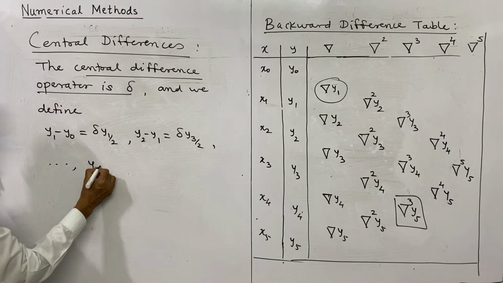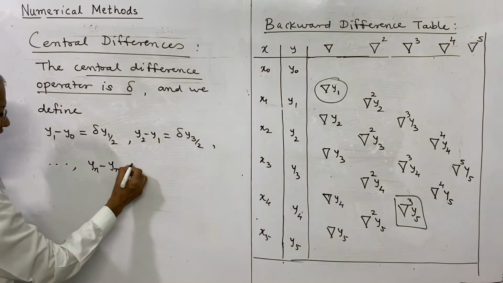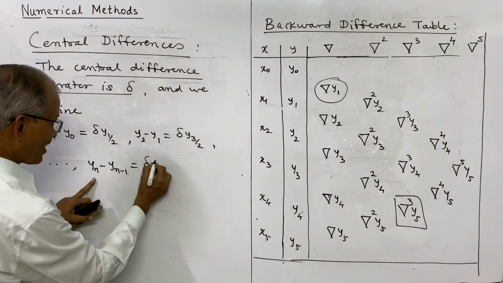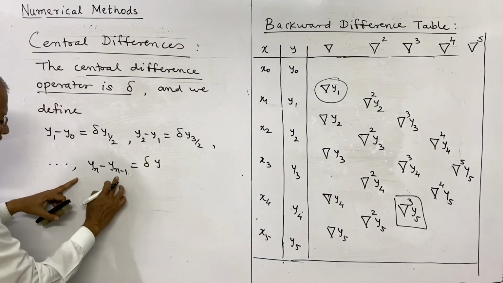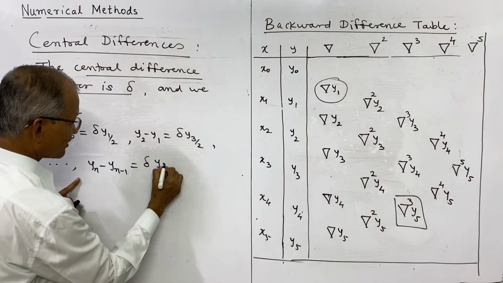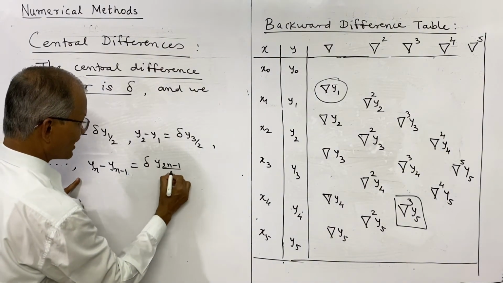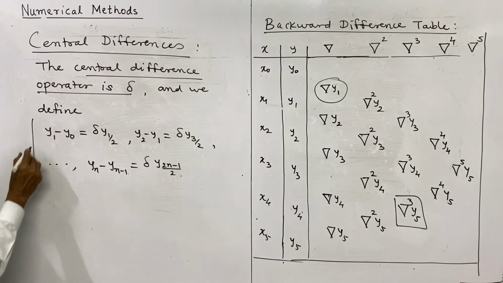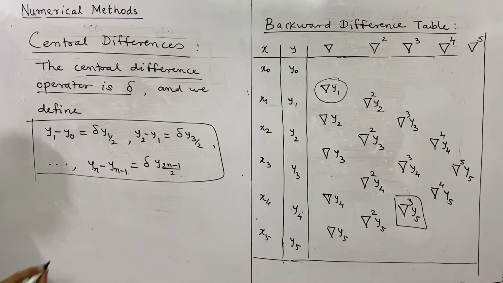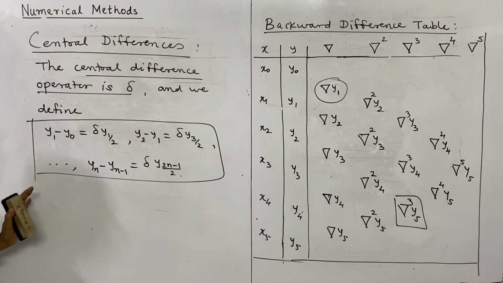And for yn minus y(n minus 1), this will be delta y at the sum of the two divided by 2, that is 2n minus 1 divided by 2. So these are the central differences, and likewise higher central differences can be defined.